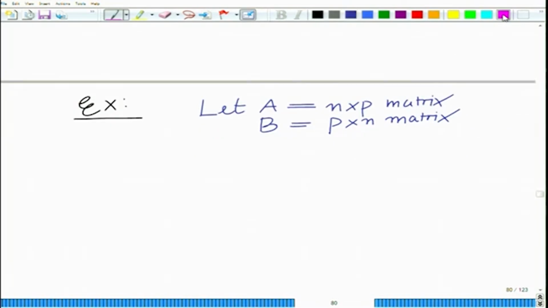The first thing that we want to show is that the determinant of In plus AB equals the determinant of Ip plus BA.